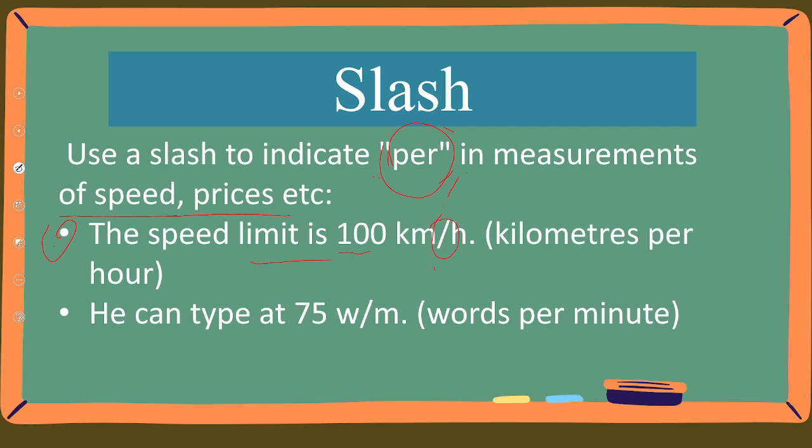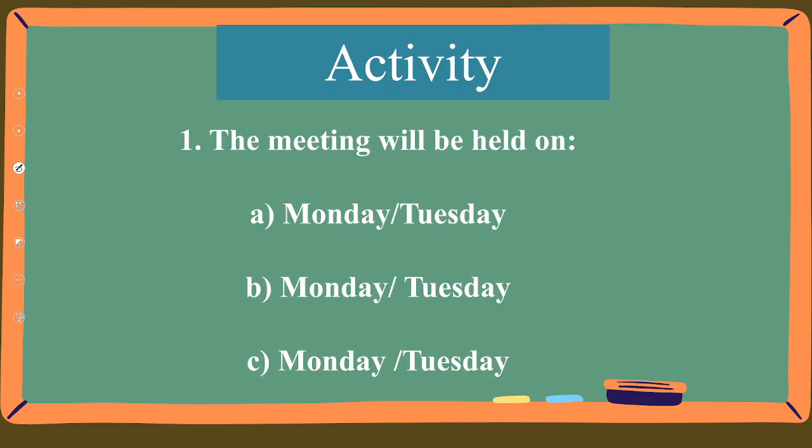So this means per. Kilometers per hour. Next, he can type at 75 words per minute. So when we are dividing anything with time, we are using the word per, and it can also be used with the forward slash.